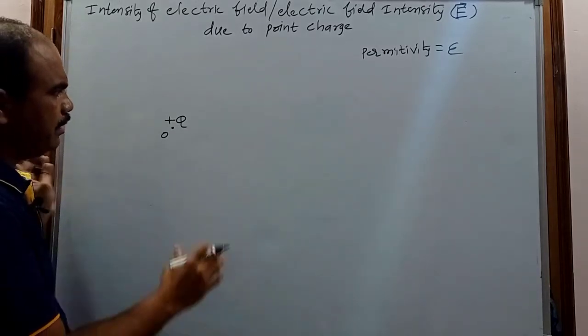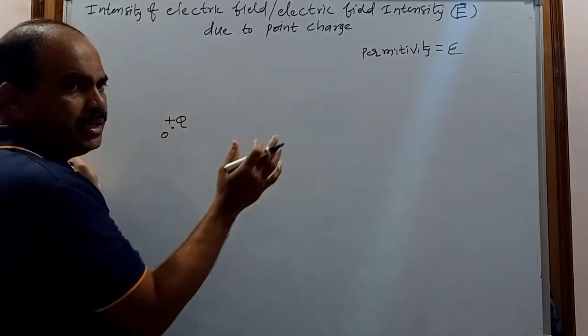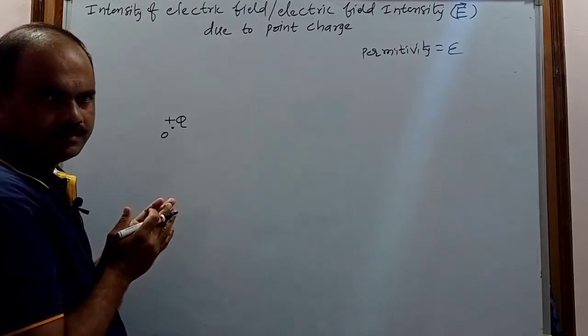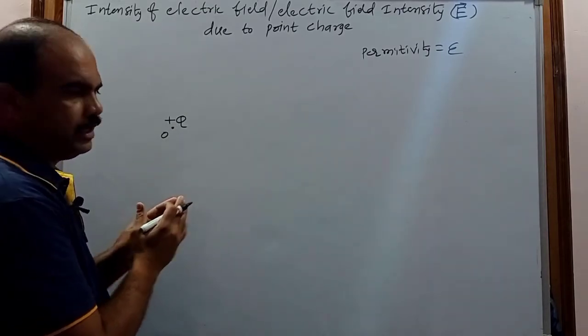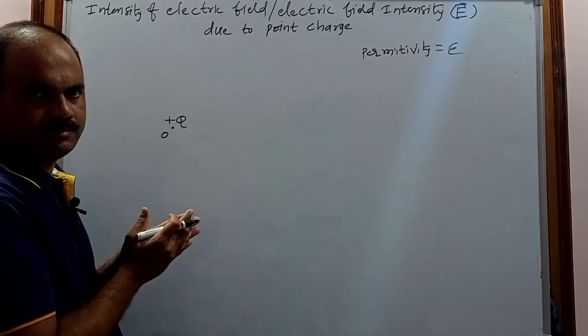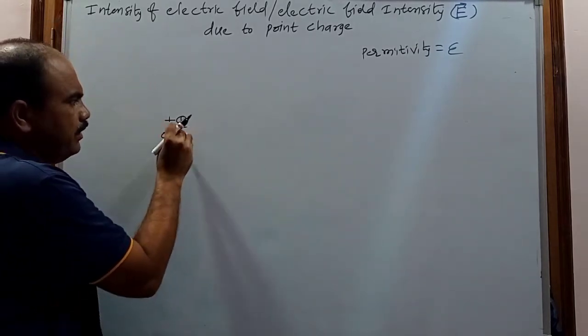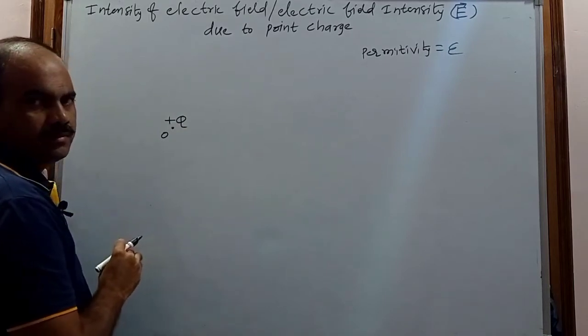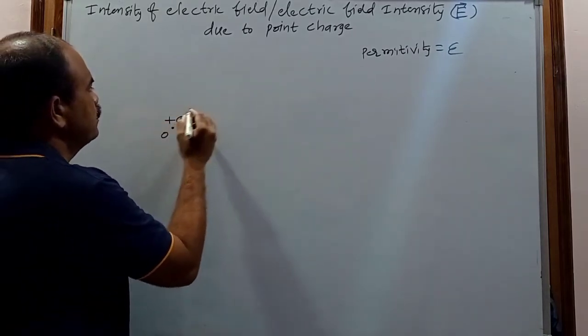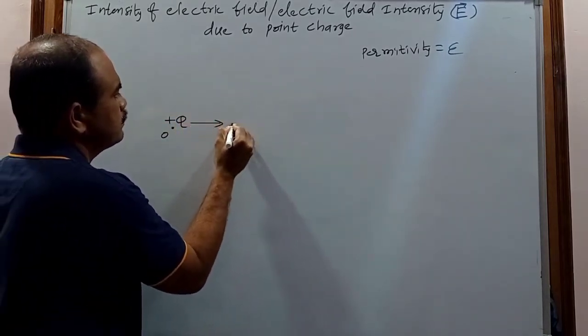Now it can create its own electric field around it. If we draw the electric field created by this charge, it will be like this.